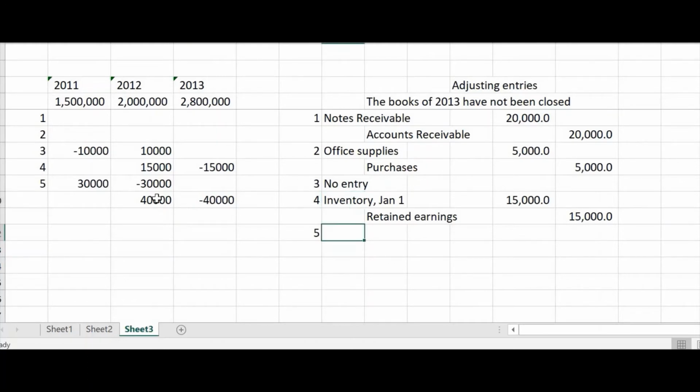Ang gawin mo, you'll debit purchases to recognize purchases in 2013, then credit ka ng retained earnings for 40,000. Kasi understated yung net income mo sa 2012.